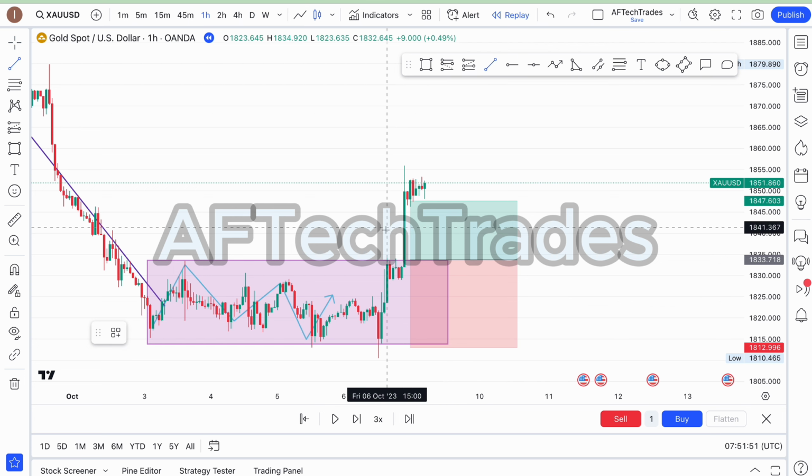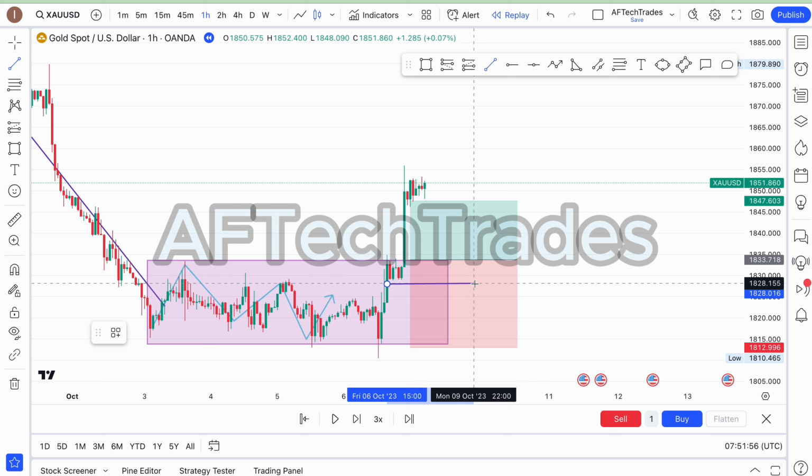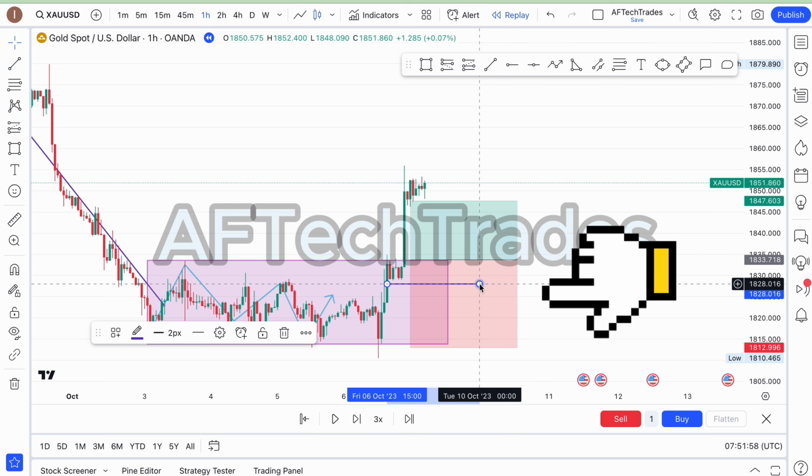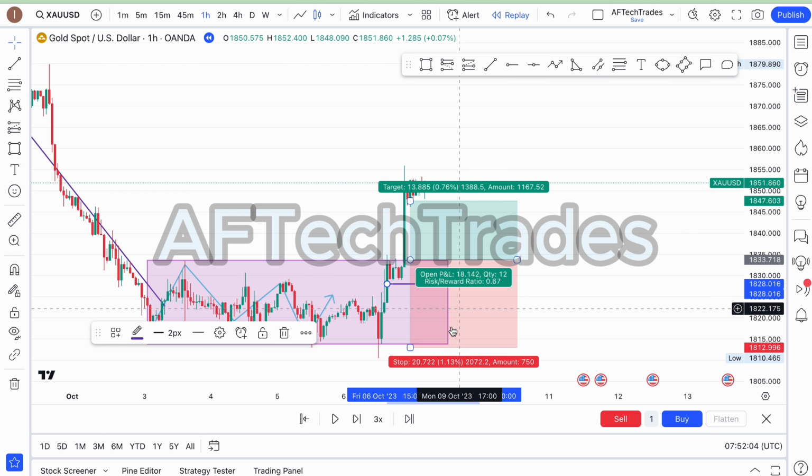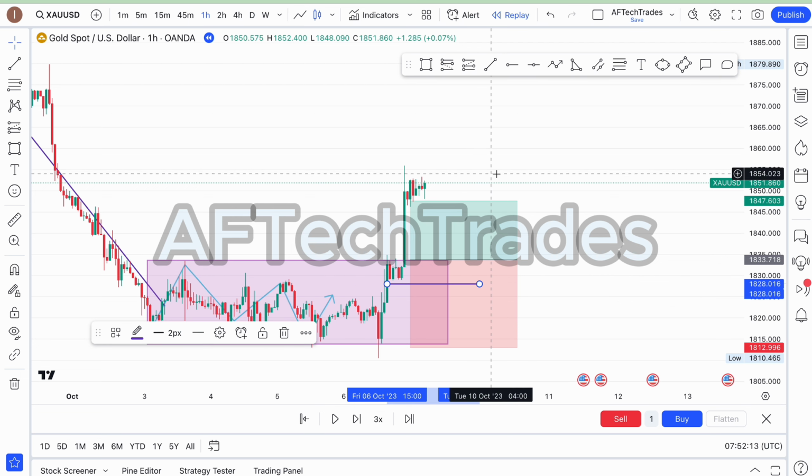Let me mark it out for you. Some can just play safe this way, maybe they don't want to take too much risk. Some are high risk takers. They can place their stop loss here because the market can still range back to this side and maybe hit you out and continue its direction.